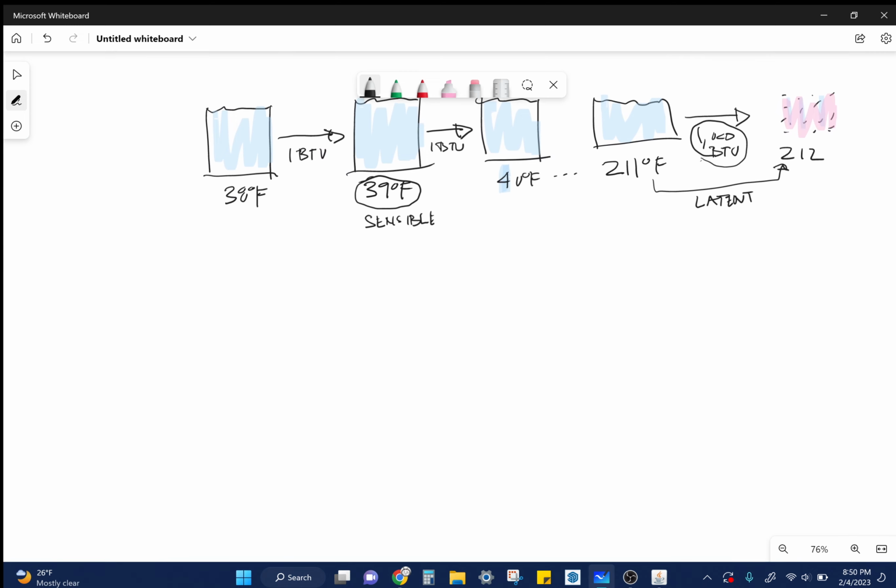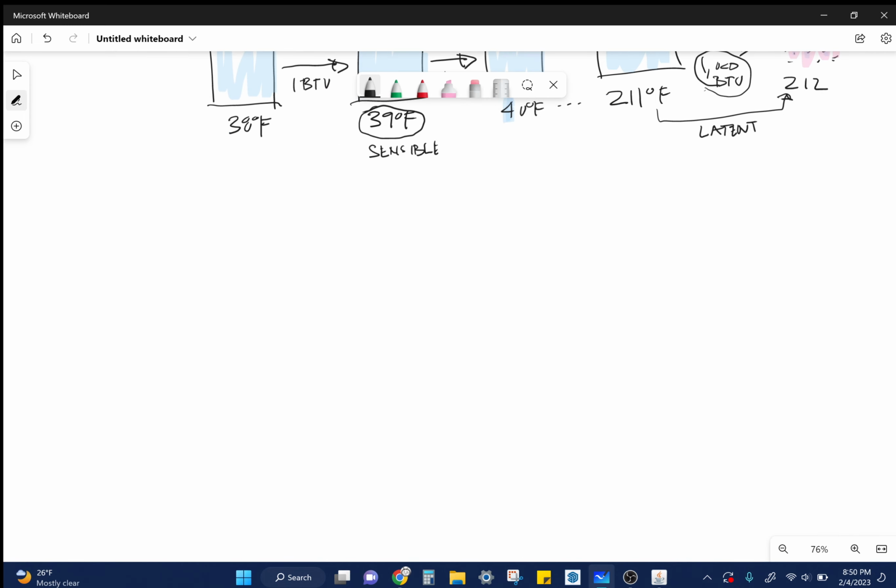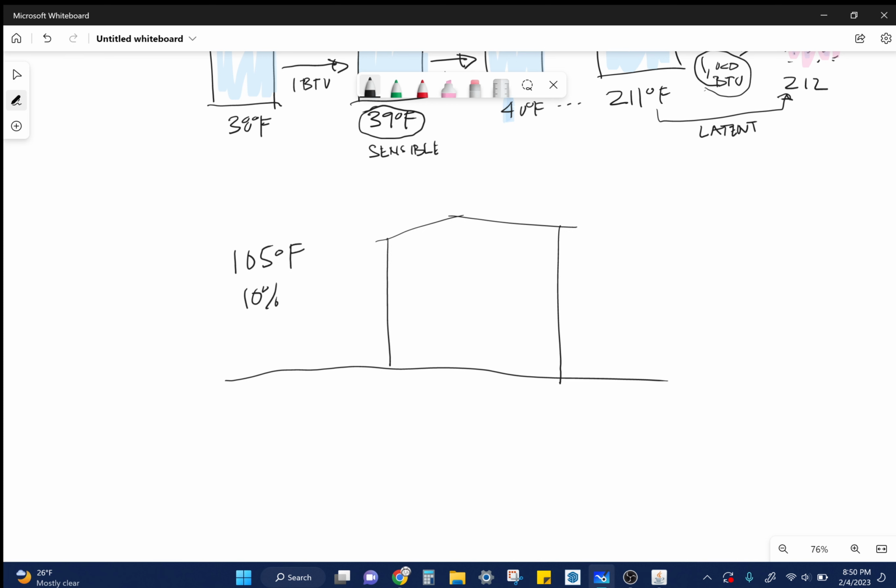Okay, so now let's say we're in Arizona, and it's 98 degrees Fahrenheit outside. Let's make it 105, whatever. Make it really hot, and 10% relative humidity.